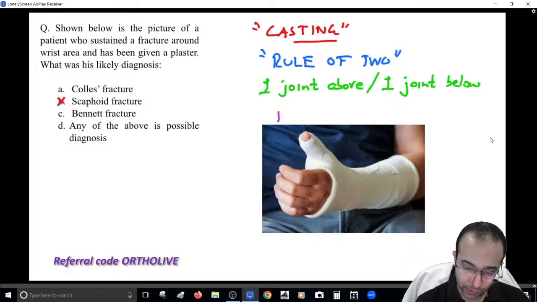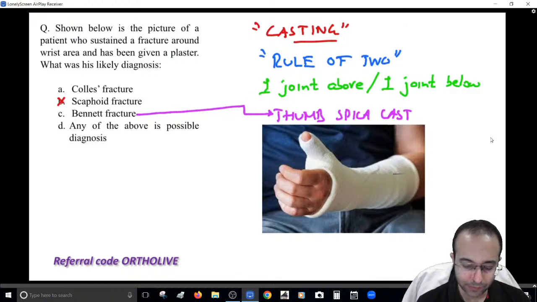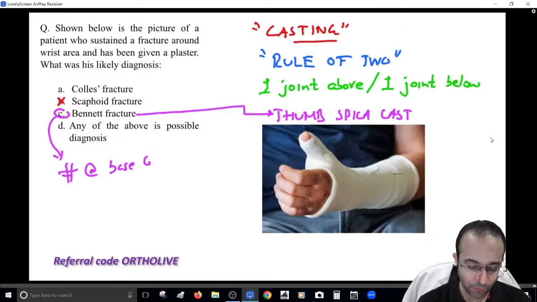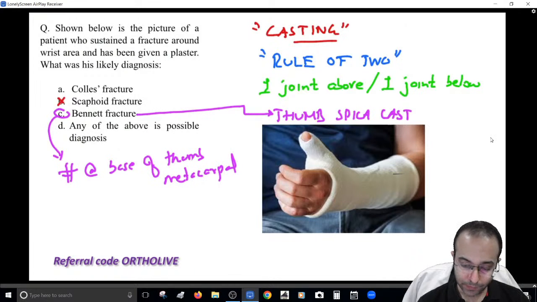So what you see over here, where the entire thumb is incorporated, is actually a thumb spica cast, and this could be given for a Bennett's fracture, a fracture at the base of the thumb metacarpal. If the base of the thumb metacarpal is broken, there is a sense to immobilize the interphalangeal joint.